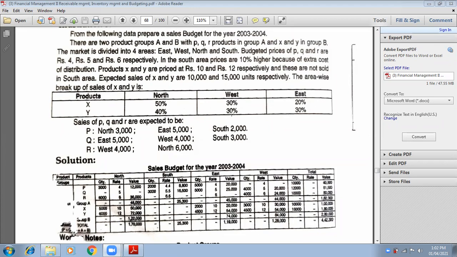But please remember you have to write it in the column of west, in the column of quantity. 4,500 into 12. So what is the answer? 54,000. Very good. Next. And last 30 percentage in the east. So 15,000 into 30 percentage.